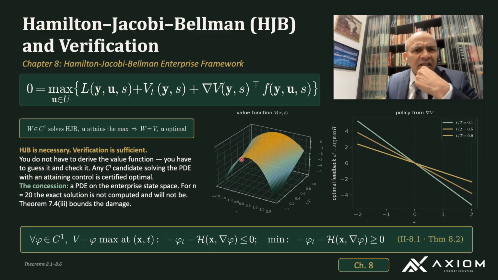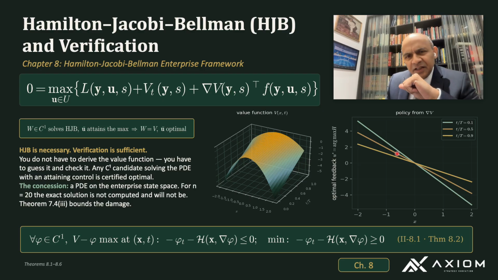So now the chart here: this panel shows the value function V of X and T. For every enterprise state X and time T, it gives the maximum future value still attainable from that point. The right panel over here shows the optimal feedback policy derived from the gradient of that value function.